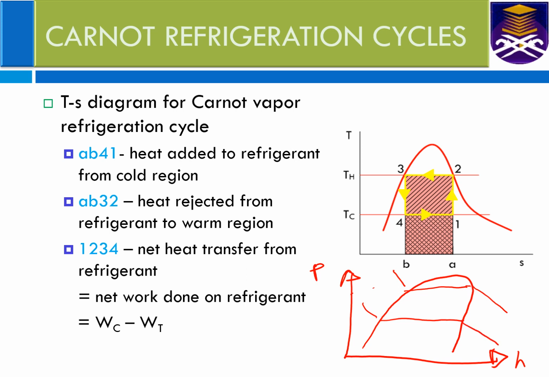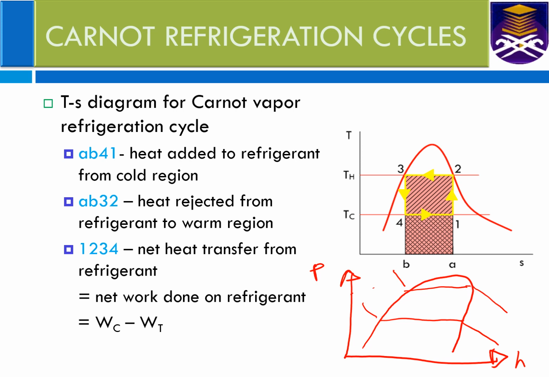Okay, so from 4 to 1, heat is added to the refrigerant from the cold region, or heat absorption at the evaporator. 3 to 2 is a heat rejection from the refrigerant to the warm region, and then the net area 1, 2, 3, 4 is a net heat transfer from the refrigerant.